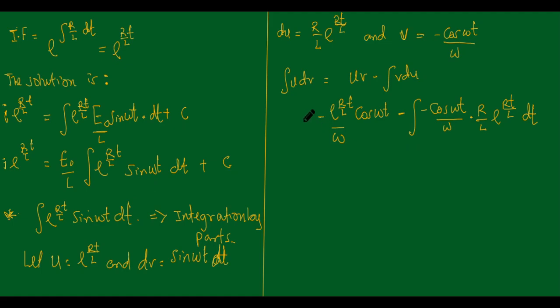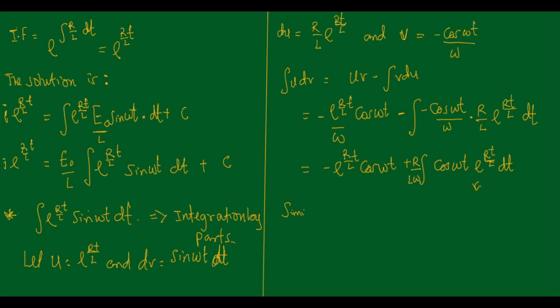So we now have the integral equal to minus e raised to power R over L t cos omega t over omega plus R over L omega times the integral of cos omega t multiplied by e raised to power Rt over L with respect to t. So we still have to simplify this particular integral here.